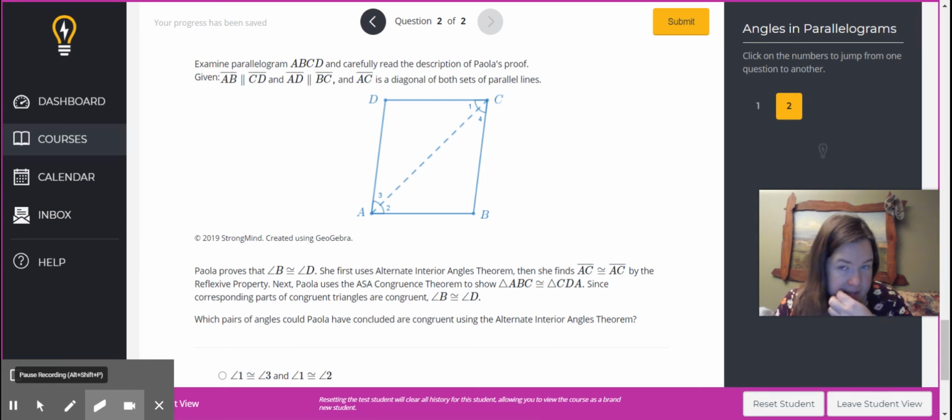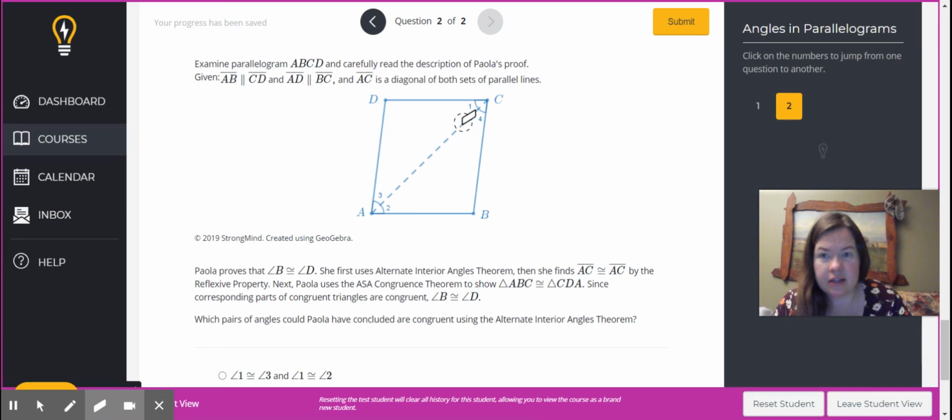Okay, so we have that AB is parallel to CD and AD is parallel to BC, and AC is a diagonal from both parallel lines. Paula says that angle B being congruent to angle D proves that. She uses the alternate interior angles theorem, and she finds that AC is congruent to itself by the reflexive property.